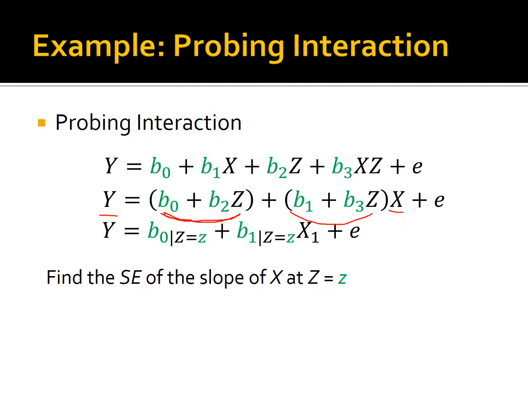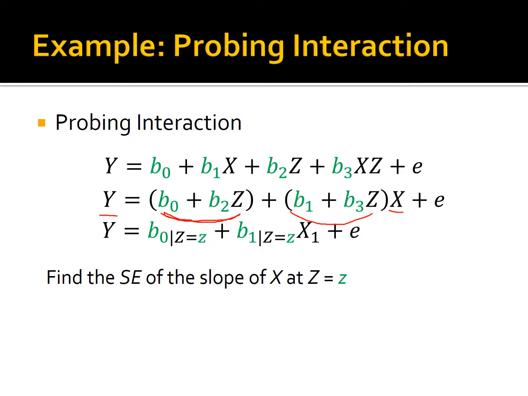So I can write down the equation as y equal to beta 0 given big C equal to small c, where big C is the random variable and small c is any c value, a constant, plus b1 given big C equal to small c times x1 plus e.